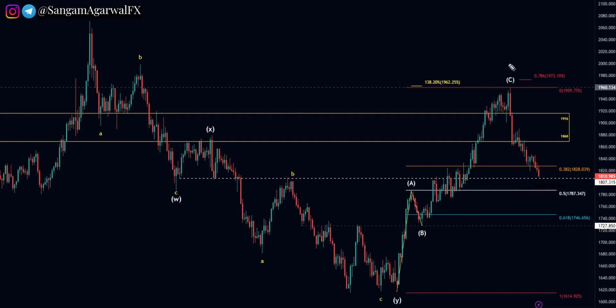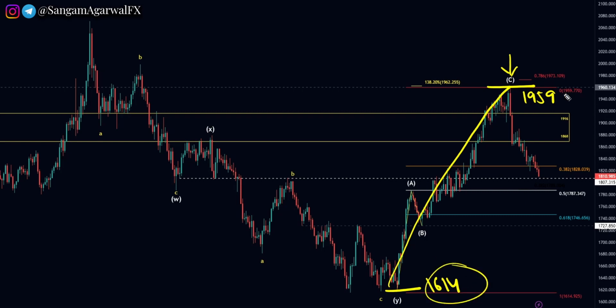How can you know that this ABC wave counting will end at 1959, and how will you know that the bottom will be right here at 1614? These two things are most important. If you get these two numbers in advance, then you can do your wave counting very easily. Otherwise you will be confused and your wave counting can be wrong.